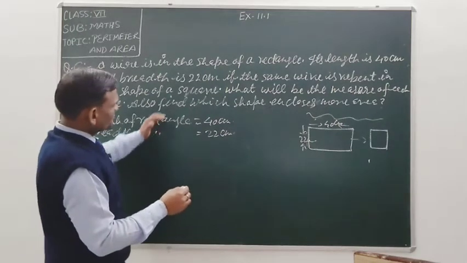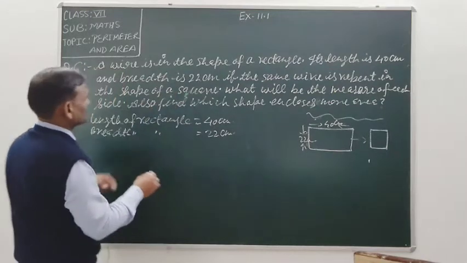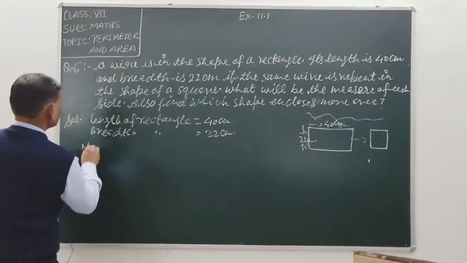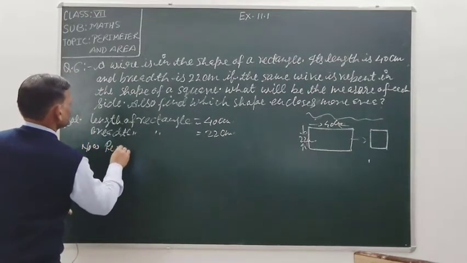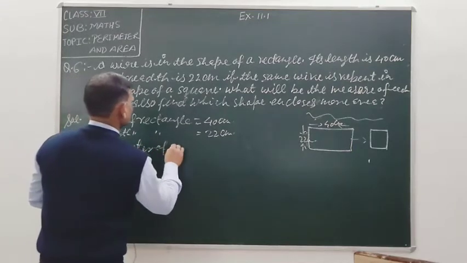After this we will find the perimeter of the square. First, perimeter of rectangle.